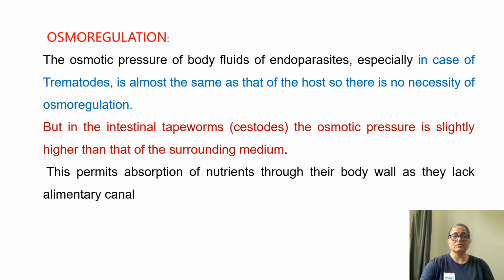There is no osmosis because they have similar osmotic pressures. Whereas in the case of cestodes, they have a higher osmotic pressure than our body, and it allows them to absorb more food from our body, as you know, against the concentration gradients, the food moves from higher to lower concentration.